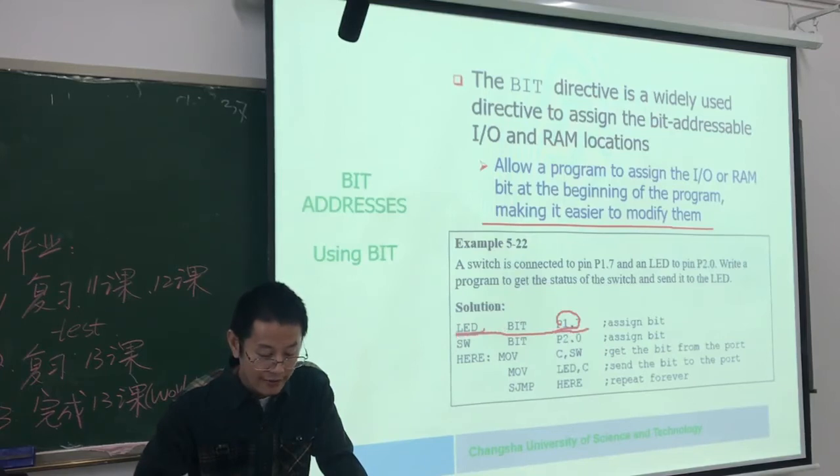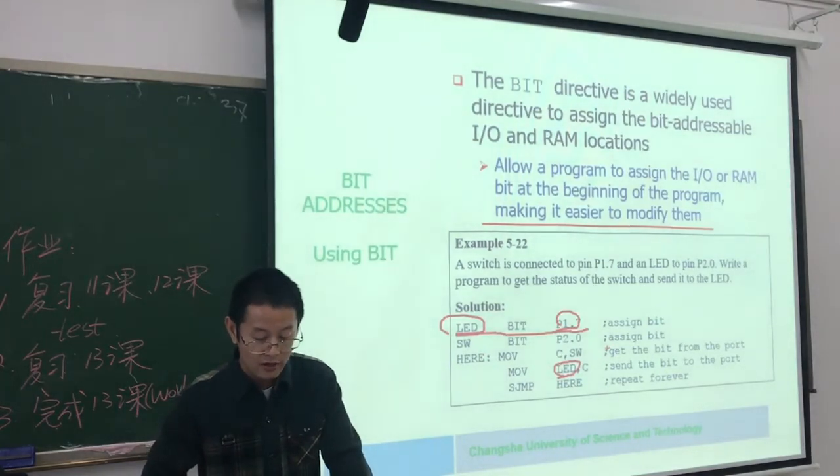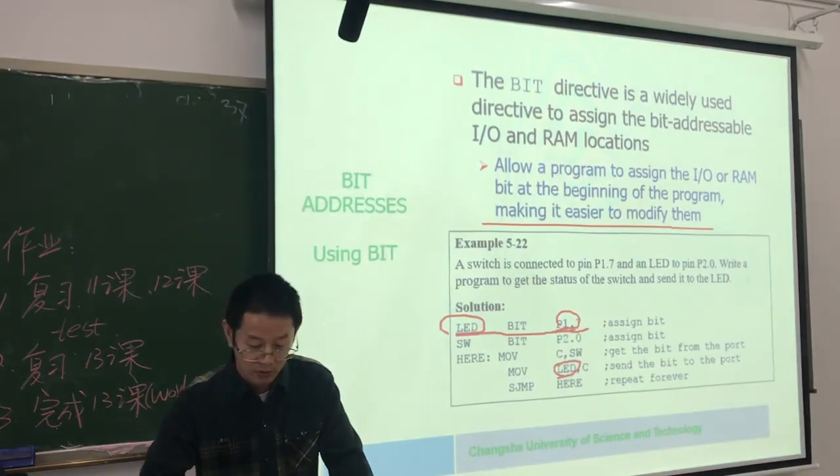Then you can use LED to represent your bit. Here is your LED. You can use the LED in your program to represent P1.7.